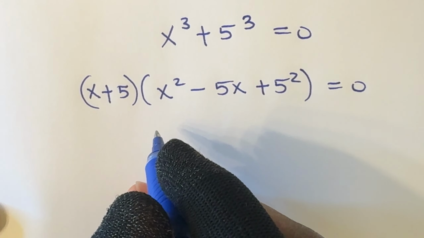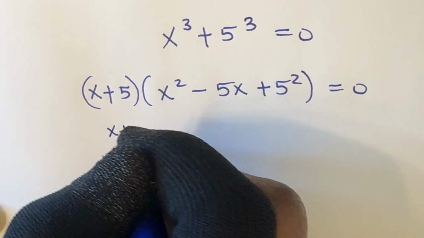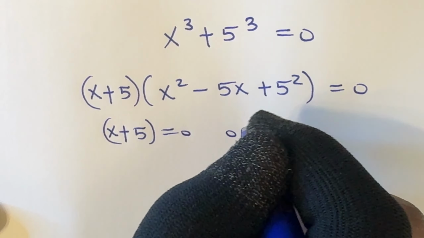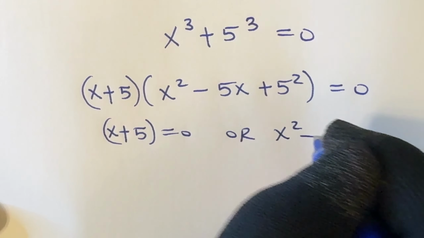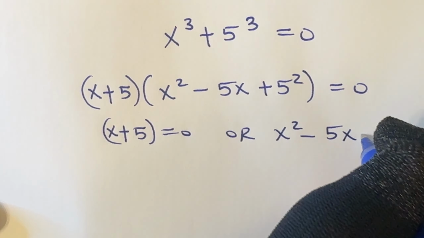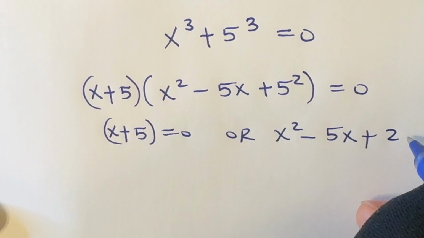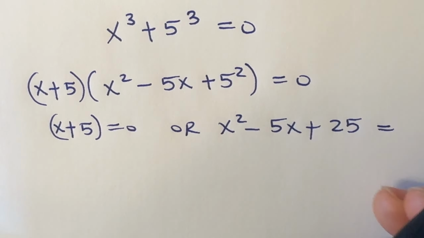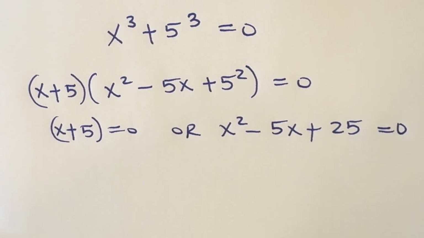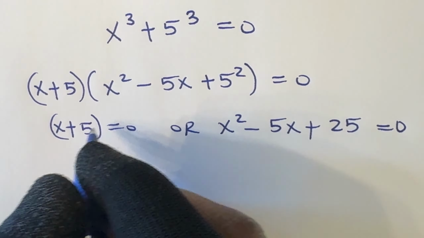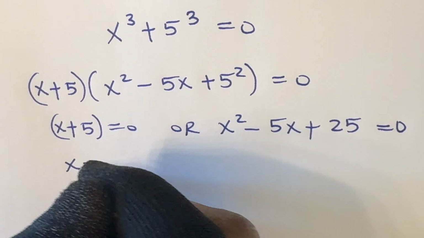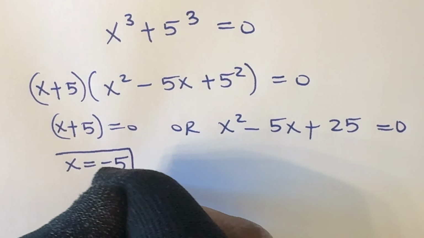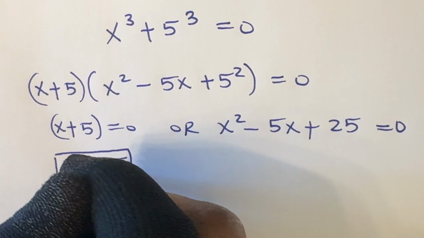This implies that x plus 5 is equal to 0, or x squared minus 5x plus 25 is equal to 0. So from this first one, we can see x is equal to negative 5. This will be our fourth solution.